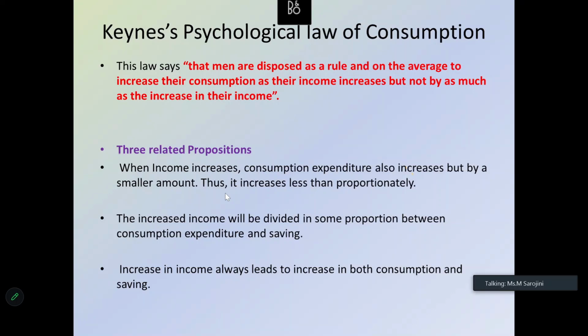The second one is increased income will be divided in some proportion between consumption expenditure as well as the saving.